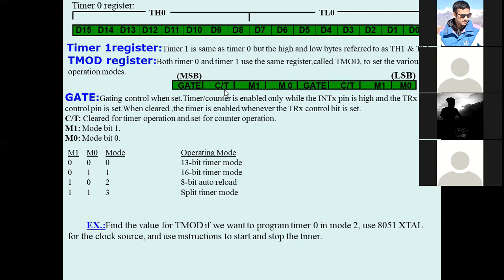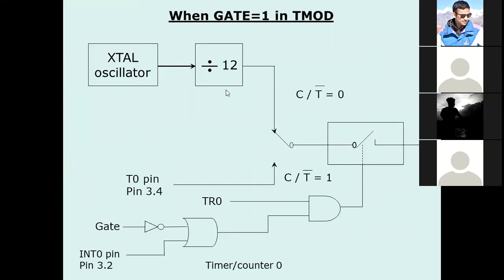We have also discussed where and when this gate will be 1, and C/T bar, this counter/timer bar, when this bit will be set. The concept of this gate, we'll discuss.